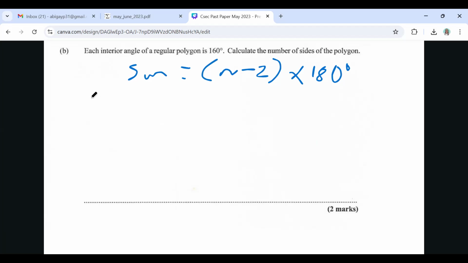So we know that it is a polygon that has an angle of 160. So 160 times n will give us also the sum.